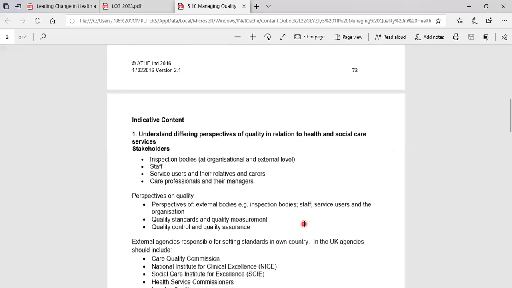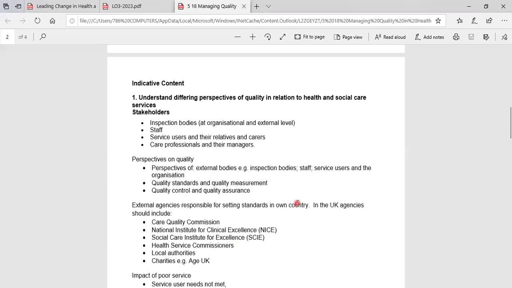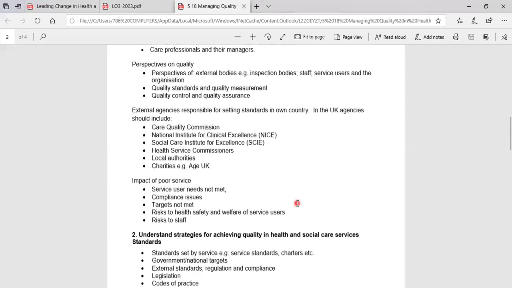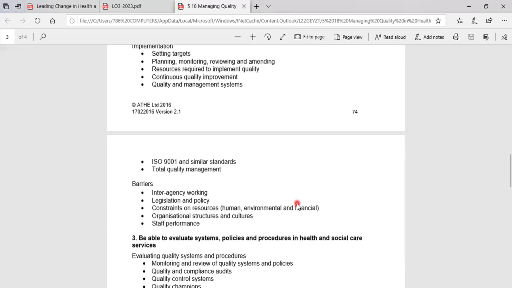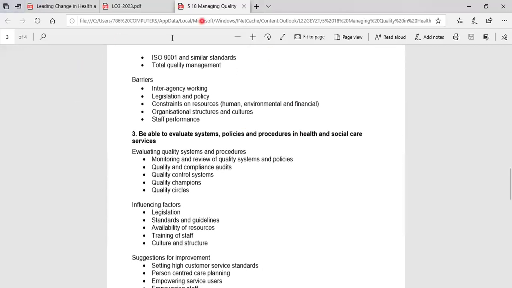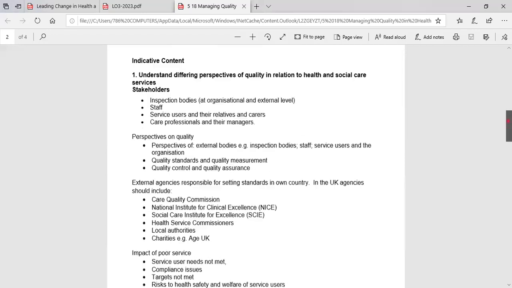So we've talked about these bits, so I'm not going to focus on these now. We've covered all of this already. These are some barriers that you can talk about, and actually we have time, so I can discuss this.